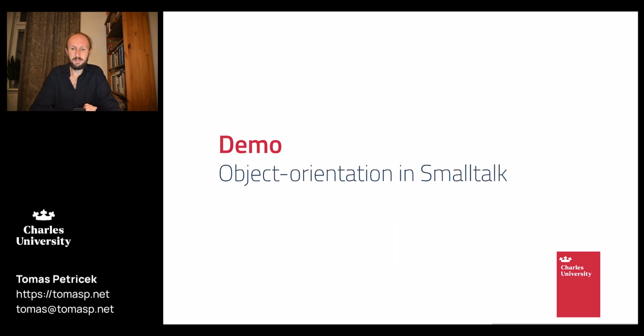So I want to show you an example of Smalltalk, and I'm going to be using the emulator for the original Smalltalk implementation, just so that you can see how it actually worked.